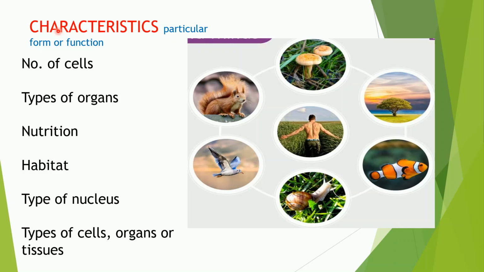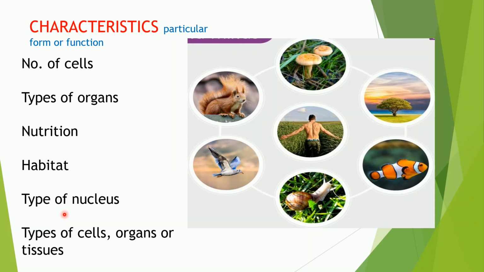So now what are those characteristics? They can be number of cells, types of cells, types of organs, maybe the mode of feeding, maybe the place where they live, or maybe the kind of genetic material they have. All these differences will help us to conveniently group these organisms.